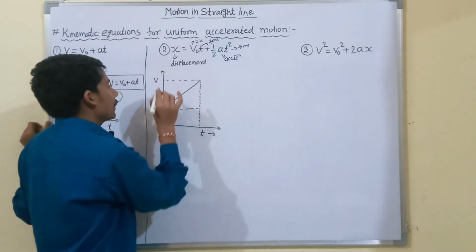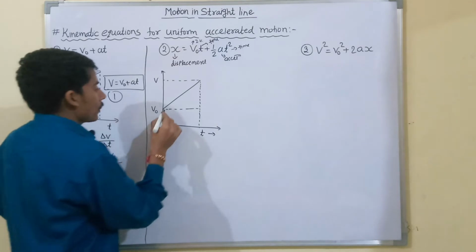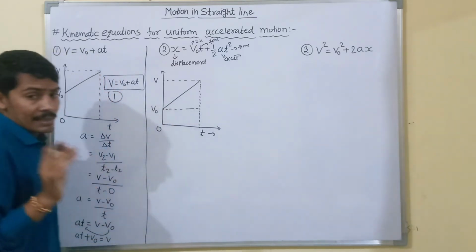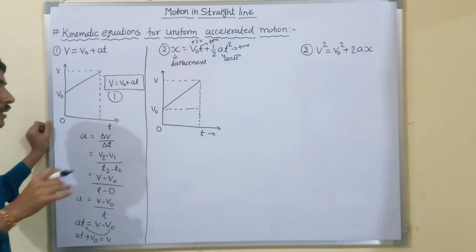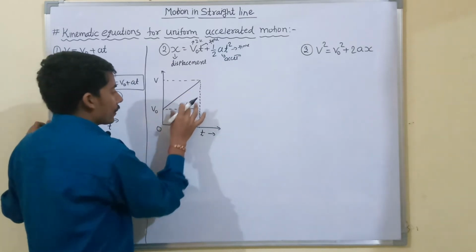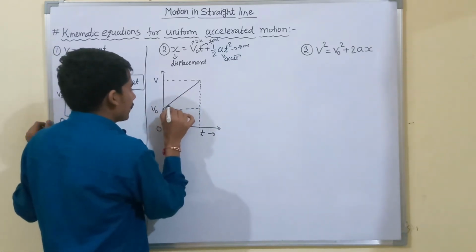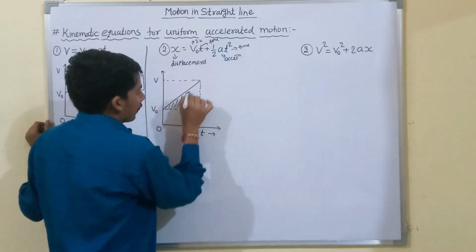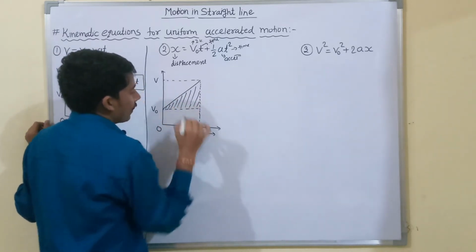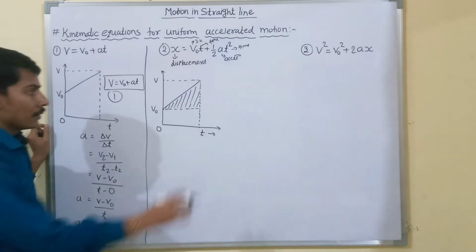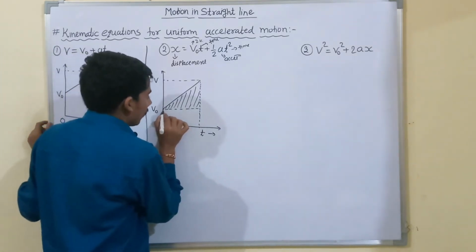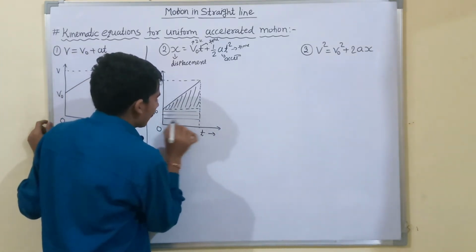This is the y-axis. Now we have to calculate the area under this curve. Now we can calculate it as this one is a triangle, and this one is a rectangle.